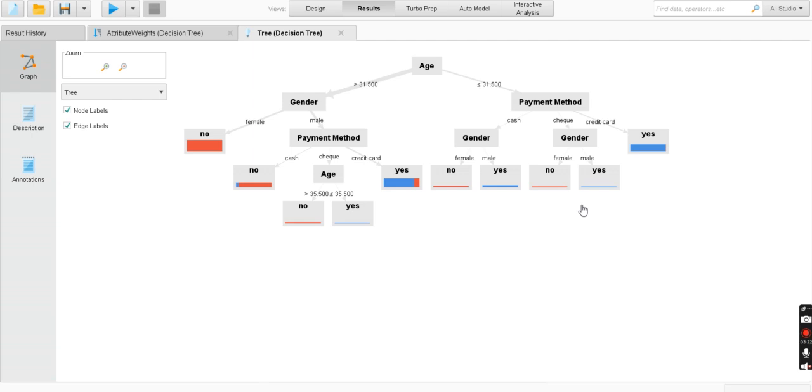And we can also say which is least used, or which category of gender is doing more of the payments, and so on.